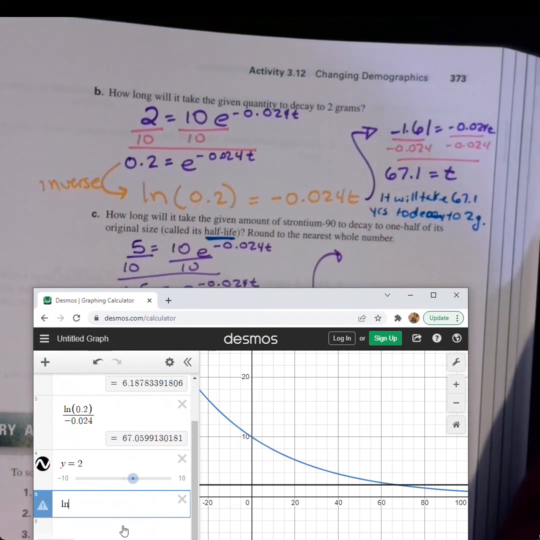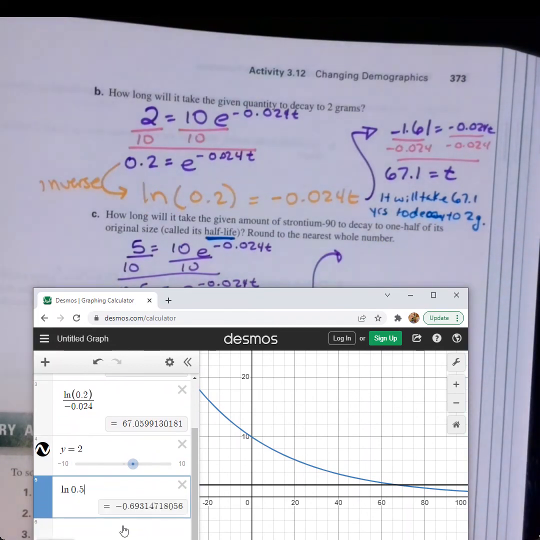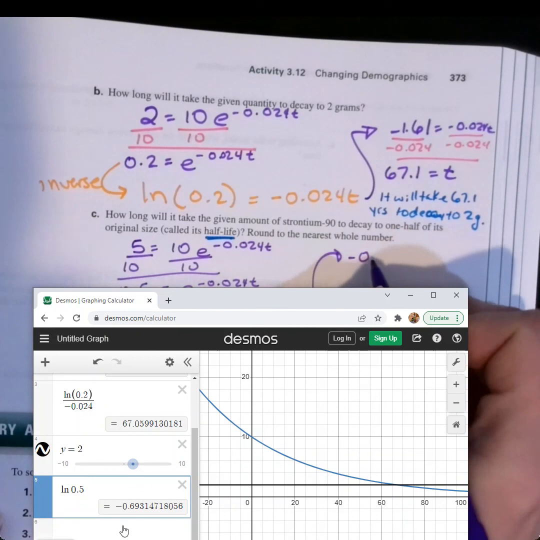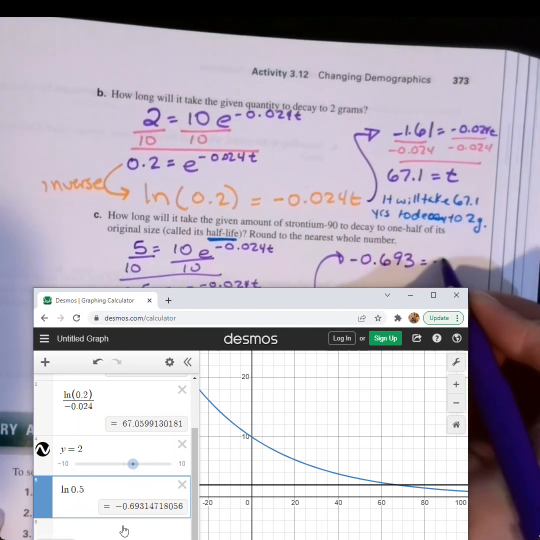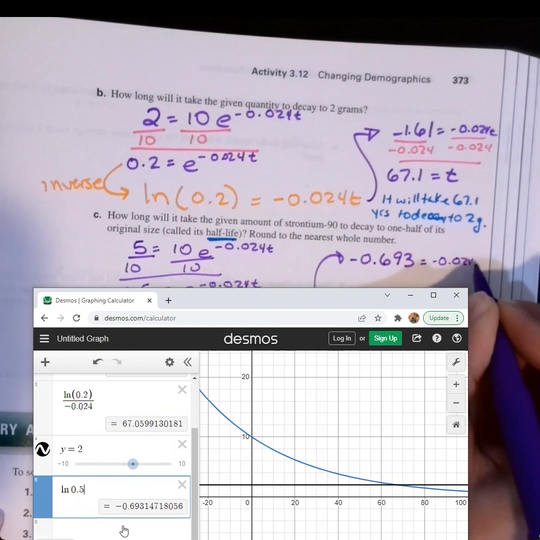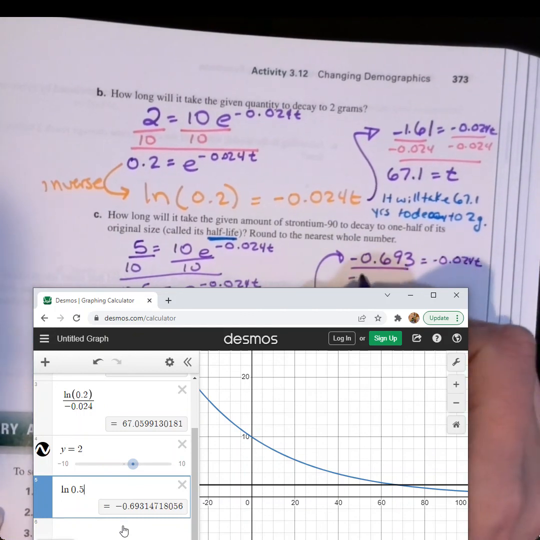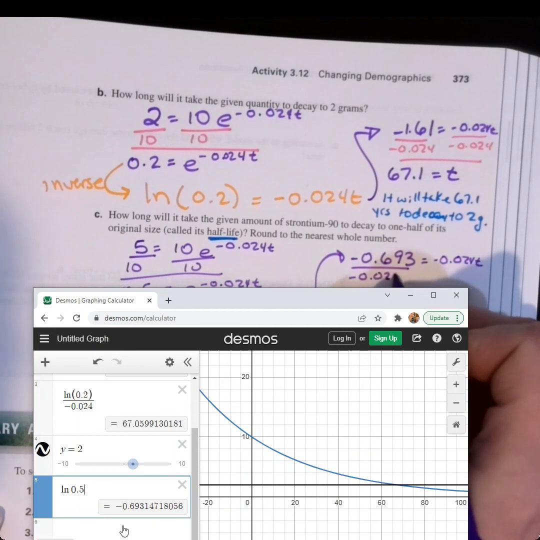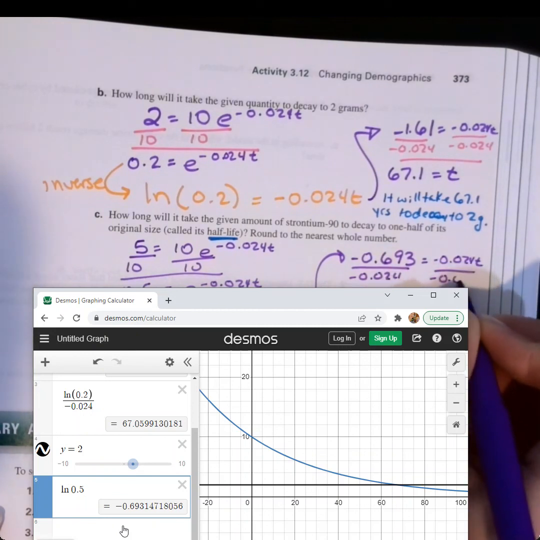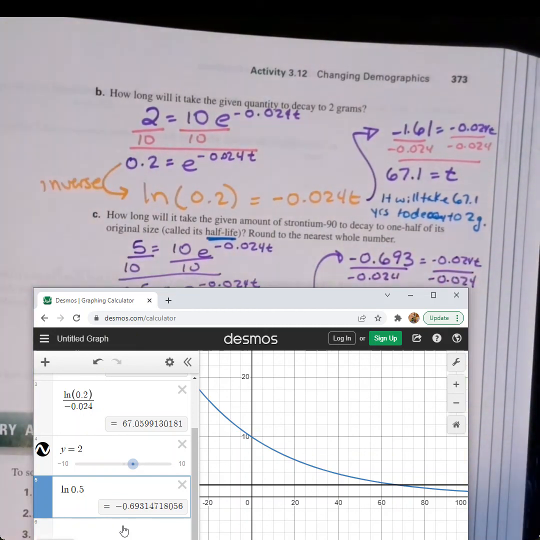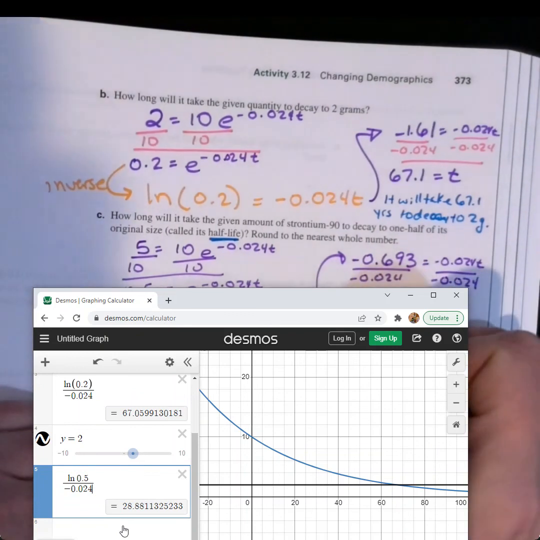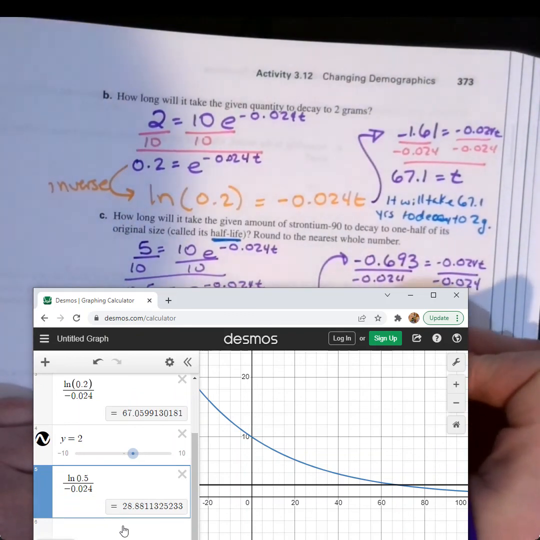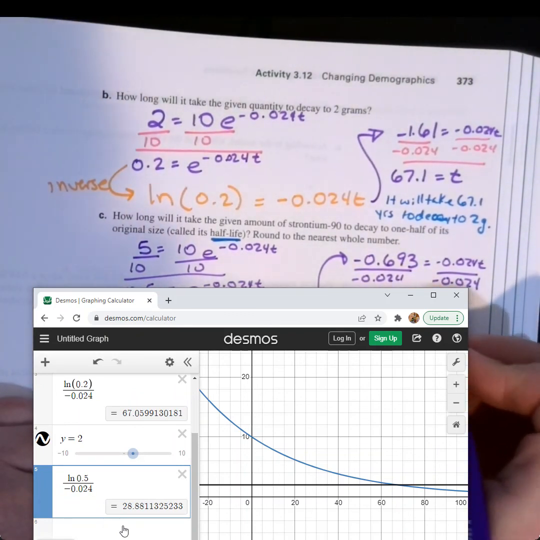The natural log of 0.5 is negative 0.693 equals negative 0.024t. Divide both sides by negative 0.024. I already have that number typed, so if I divide by negative 0.024, I get 28.9 equals t.